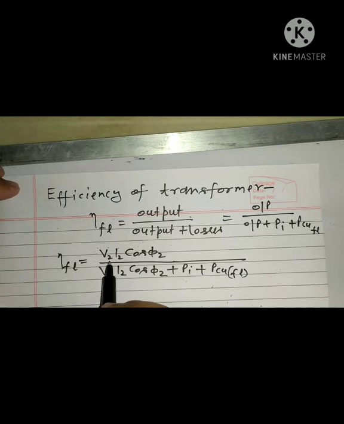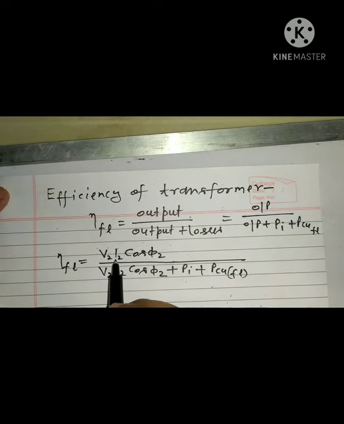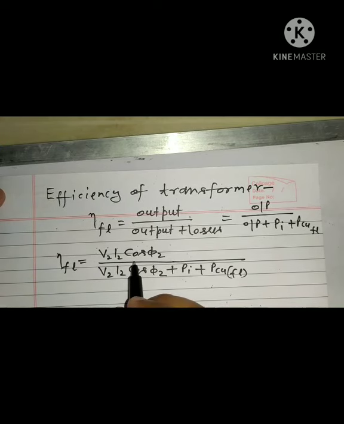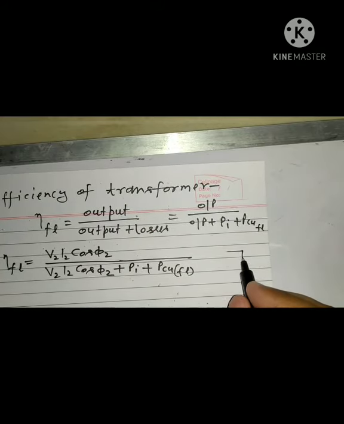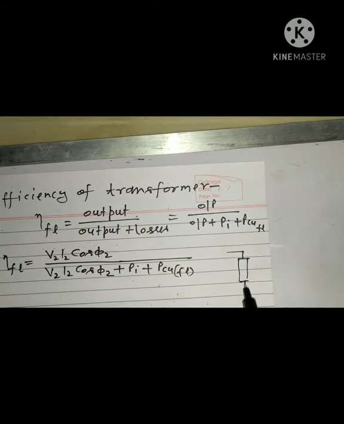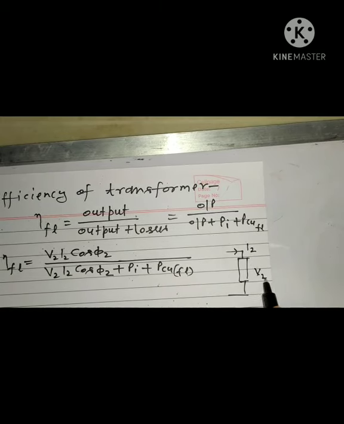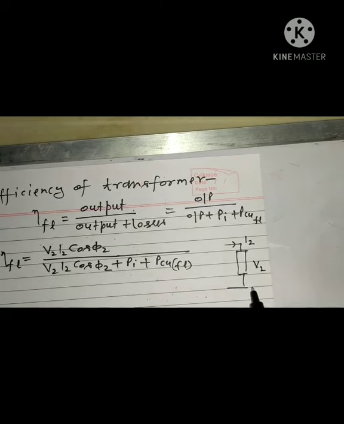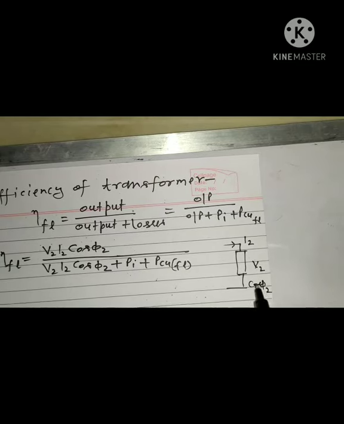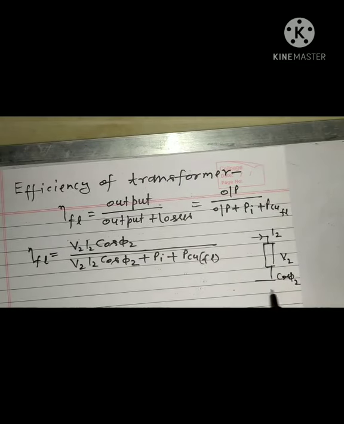So V2 I2 is VA rating, and if I have to write kVA, then I will multiply by 10 power 3, and cos phi 2 is load power factor. We know load is here. Current in this load is I2, voltage across this load is V2, and power factor is cos phi 2, then power will be V2 I2 cos phi 2.